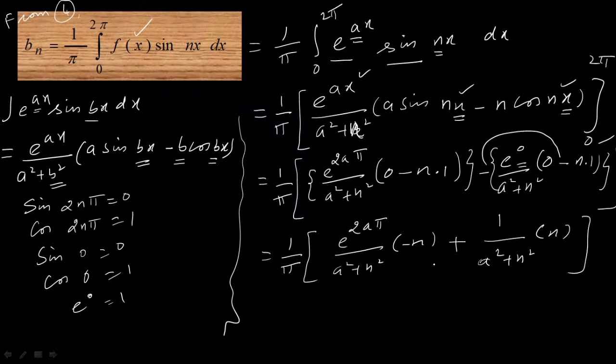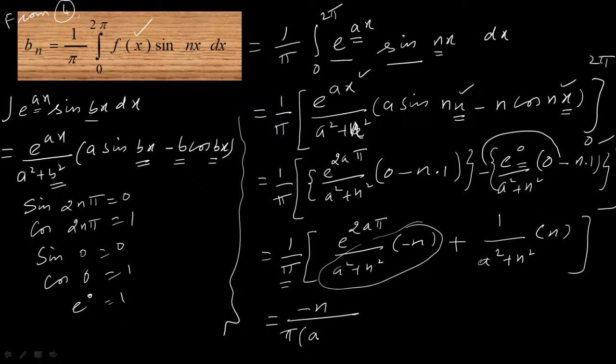That's all. Look at the values inside the parentheses. If there is any common term, you take it outside of the parentheses. So here, I'm going to take minus n by a square plus n square as a common factor and take it outside. So minus n divided by, so already we are having pi also outside of the parentheses.